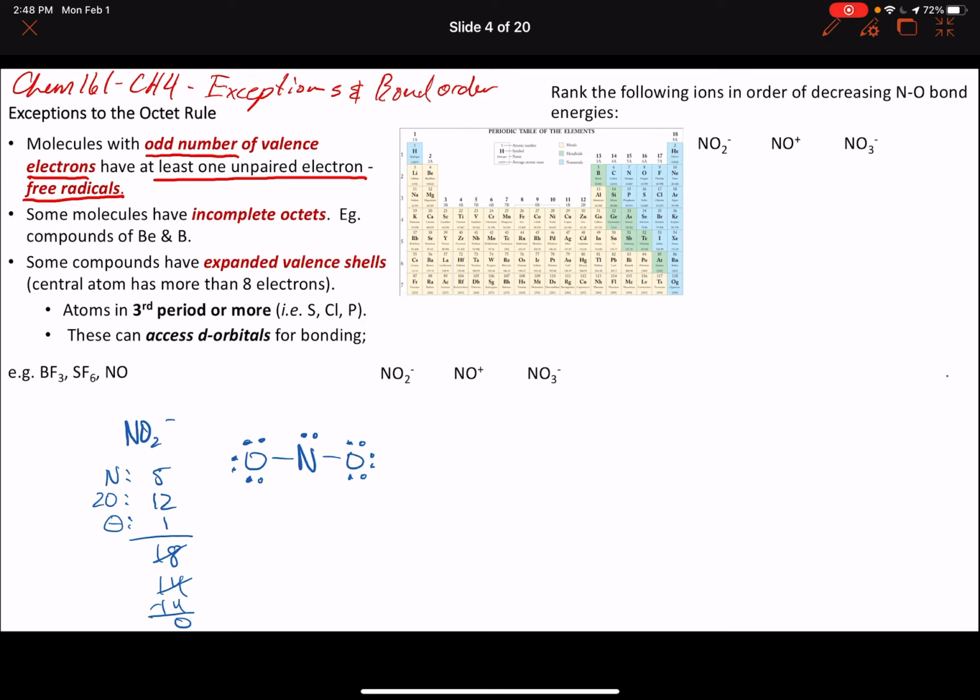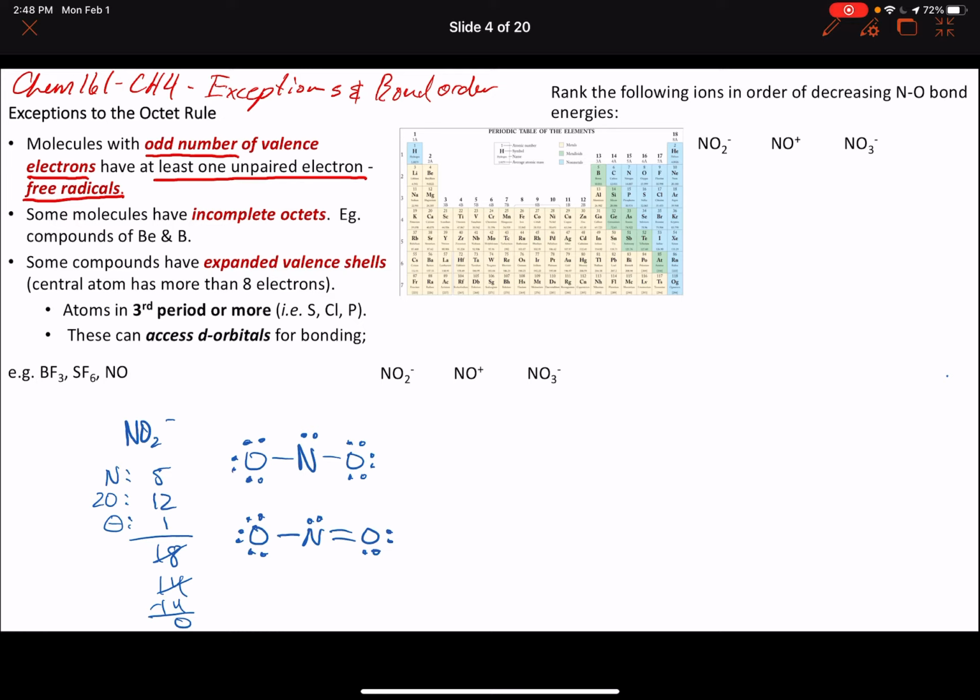I'm expecting to need 2 or more answers at this point. One of which might look like this, where I borrowed a pair of electrons from the right oxygen, and this is now looking like an octet for the central nitrogen and octets everywhere else.